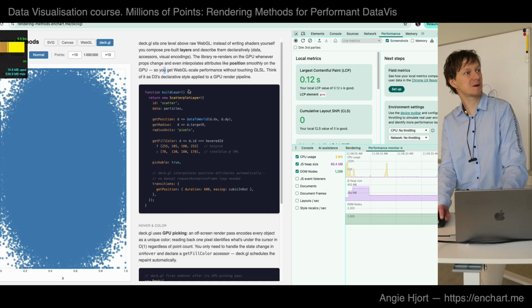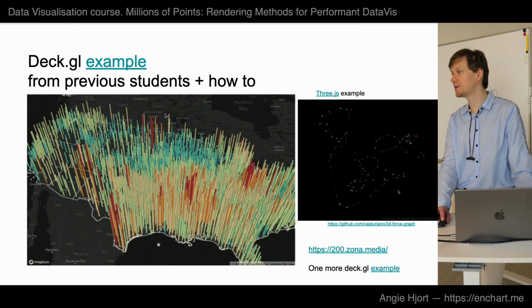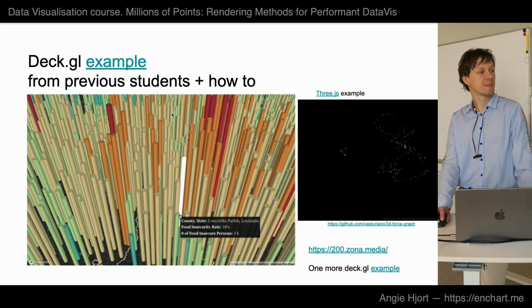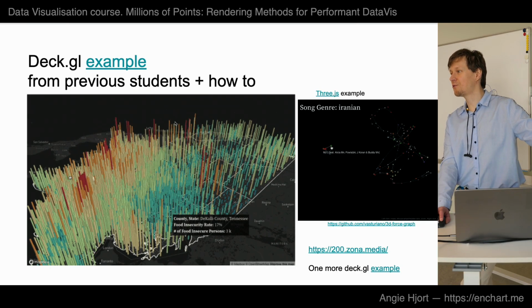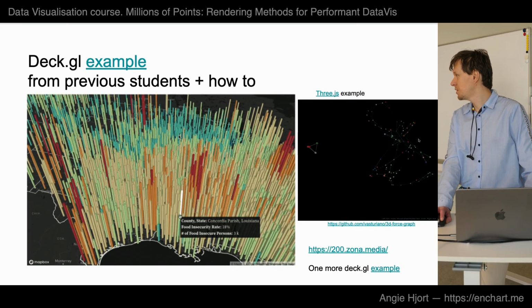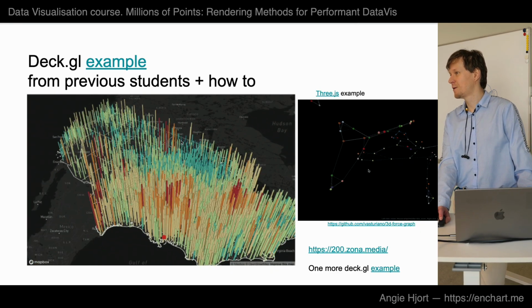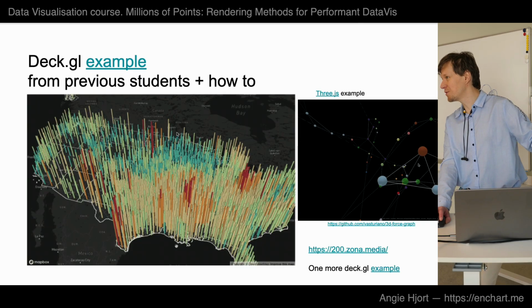Let's see some examples of what's possible with these abstract libraries. This one shows food insecurity score in different counties in the United States. Do you know who made that? My students in the design class made that. Not programmers.